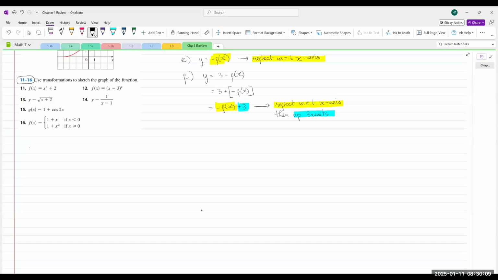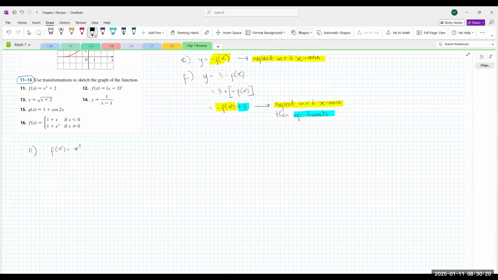Number 11, the basic graph is x cubed, and then we move 2 units up. So suppose I have this coordinate system. The graph of x cubed has vertex at the origin, passing through 1, 1, and 2, 8, like this. It looks like this.